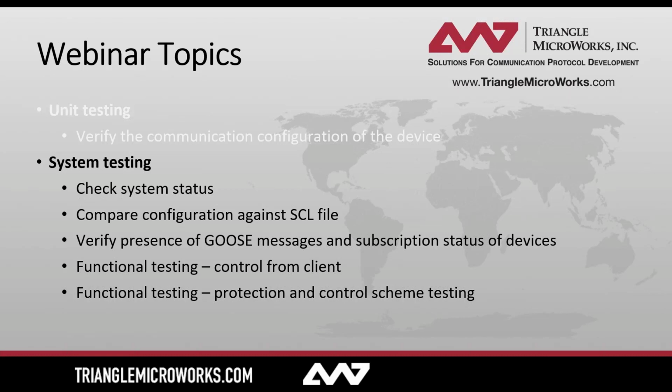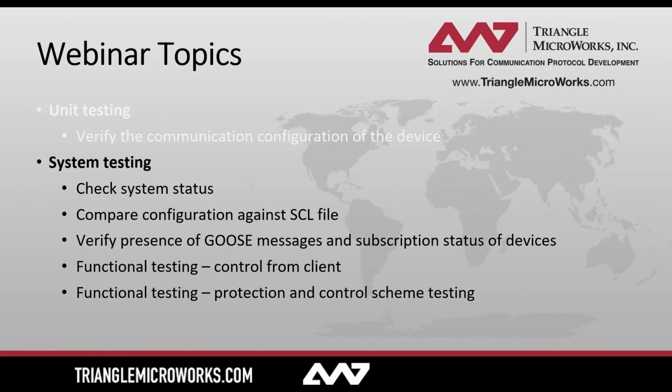Okay, so welcome back. I will now go with you through the steps that we typically would do when we do a system testing. We will start to check the system status. That means, is the whole system configured like it is specified from the SCD file?